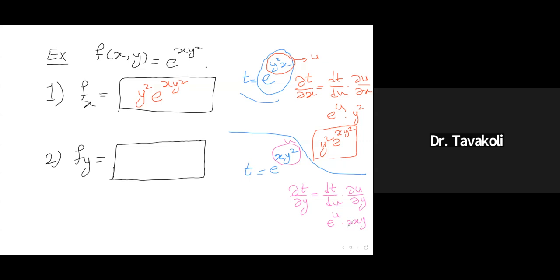And since 2xy is like a polynomial in two variables, that comes first, and u is xy squared. So the answer is 2xy e to the power of xy squared.